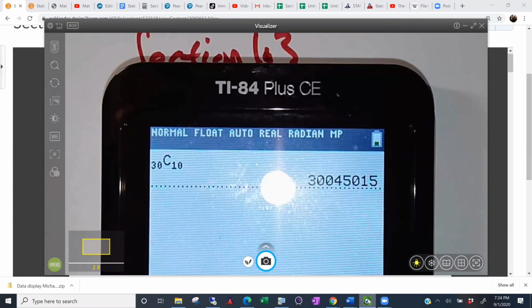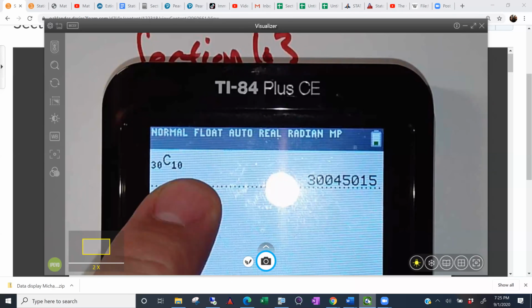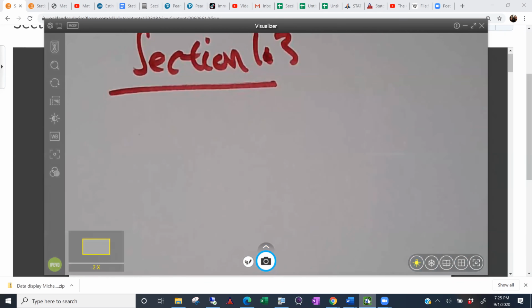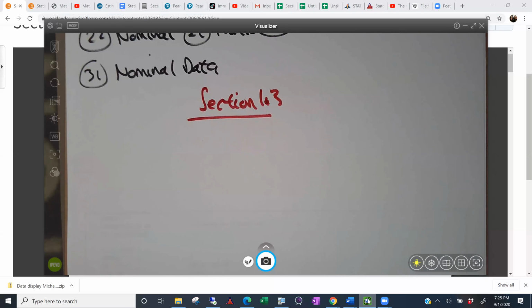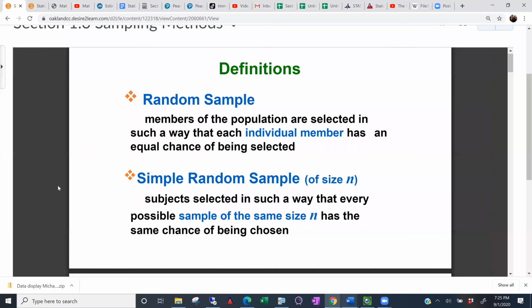That'd be 30,045,015 different ways I can choose a group of size 10 out of a group of size 30. Now, if you're impressed by that calculation, don't be too impressed. You're going to learn to do it later. But for now, let's go back to this idea, simple random sample. That means all such groups of size 10, or whatever size, can be selected.